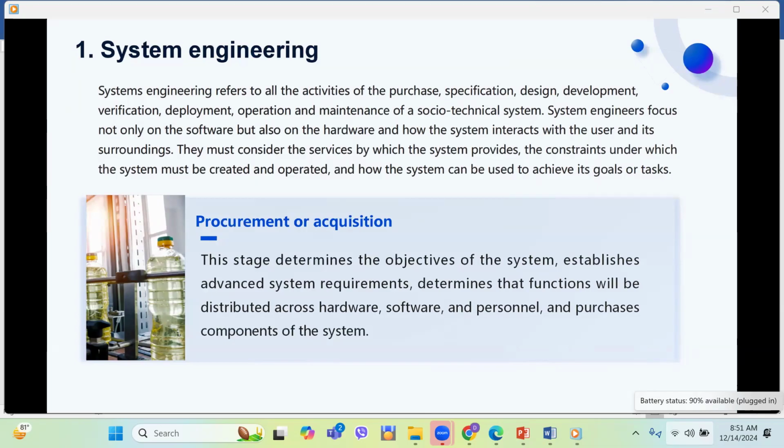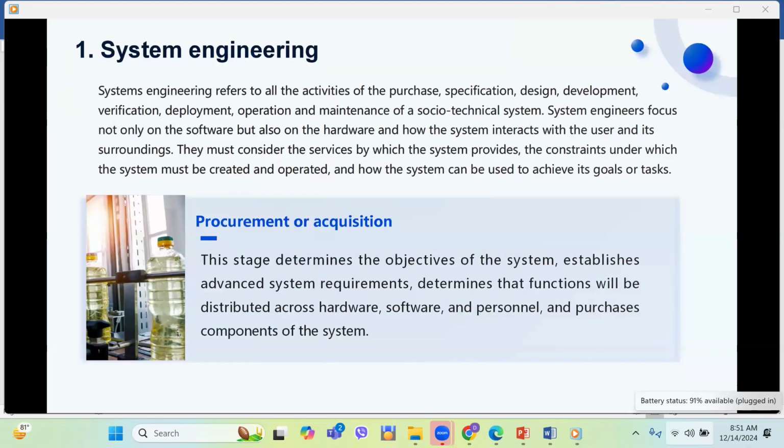System engineers focus not only on the software, but also on the hardware and how the system interacts with the user and its surroundings. They must consider the services the system provides, the constraints under which the system must be created and operated, and how the system can be used to achieve its goals or tasks.